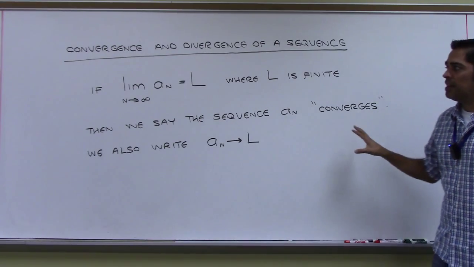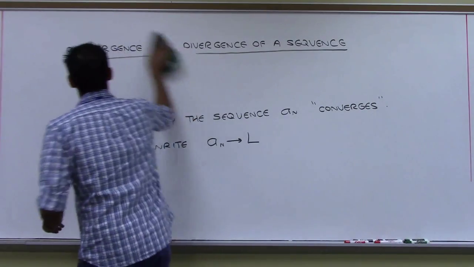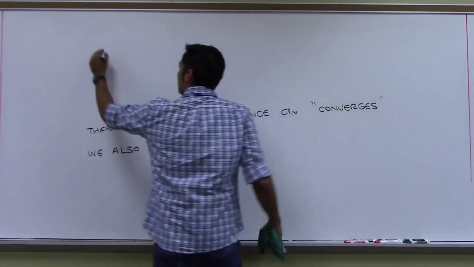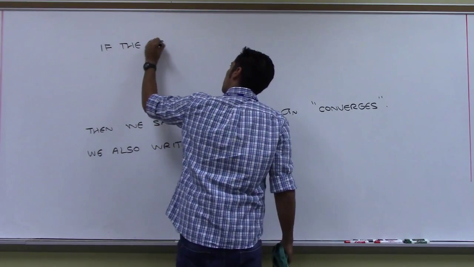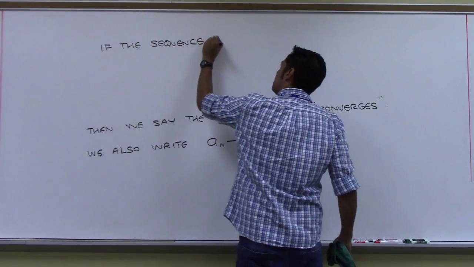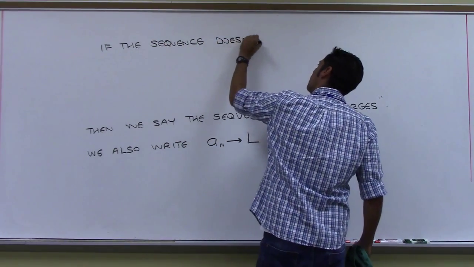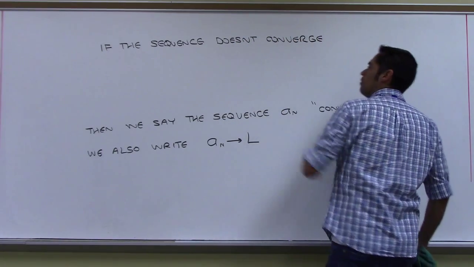So what we say is this. If the sequence doesn't converge, we say it diverges.